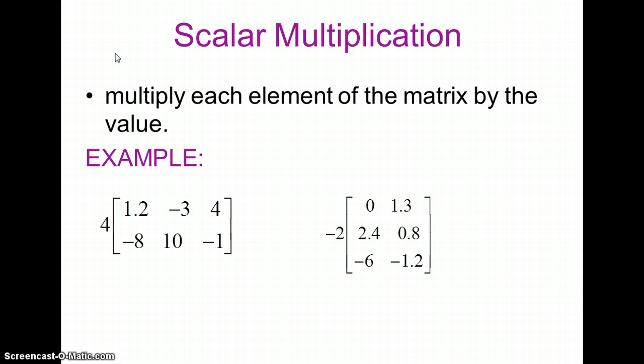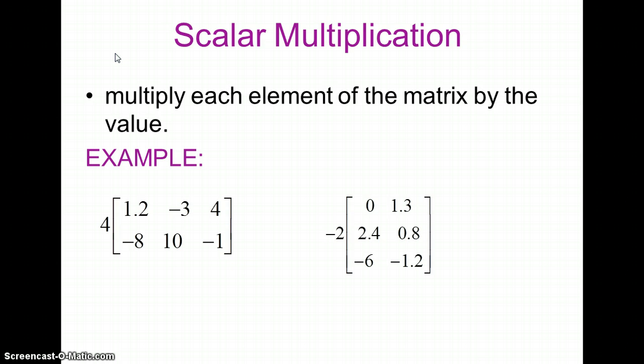constant element. And if you look at my two examples that I have here, the one on the left, I am taking the matrix 1.2, -3, 4, -8, 10, -1, and I'm going to multiply that matrix times the constant 4. And according to this process, what I need to do is simply multiply each element of the matrix times that specific value.